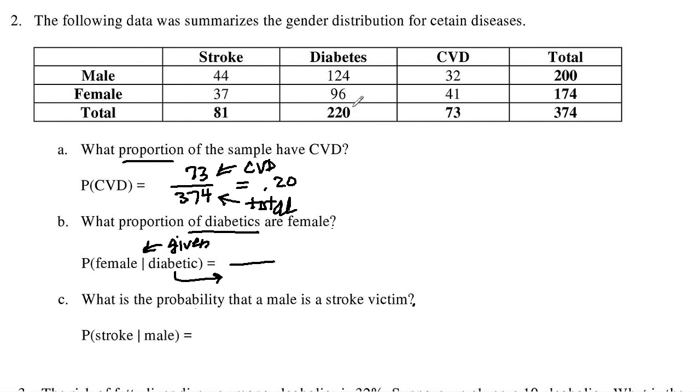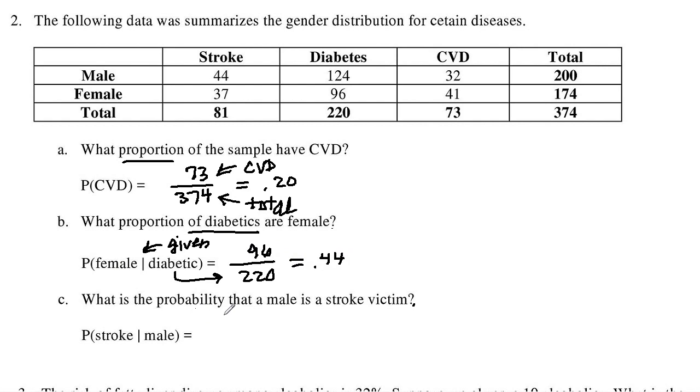People with diabetes were 220, and of those diabetics, the females were 96. So out of that column of 220, we had 96. And 96 out of 220 to 2 decimal places is 0.44.